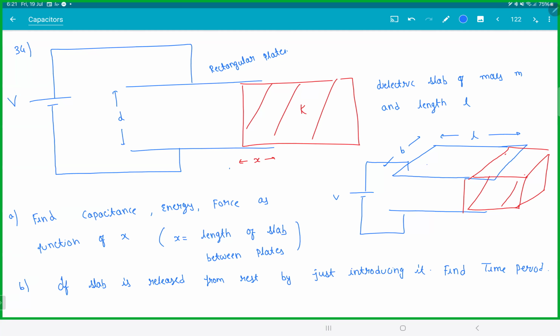Let's get this. First, let's find the capacitance. I hope you're getting it.